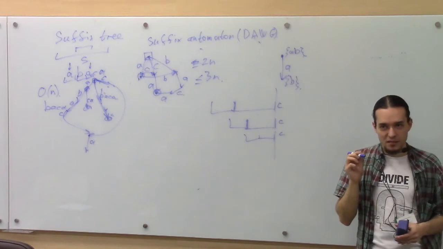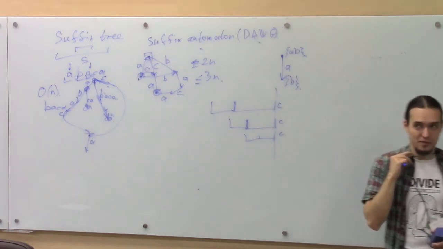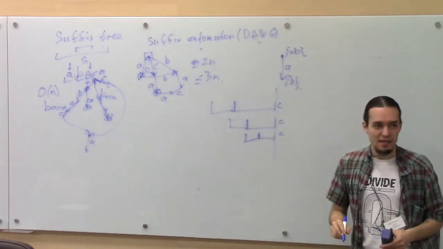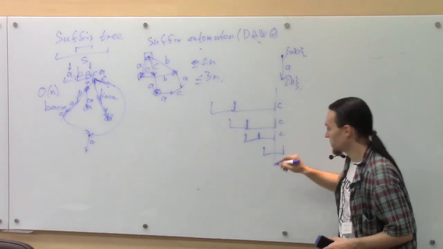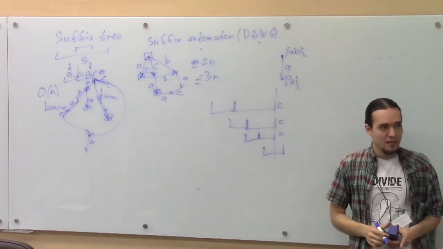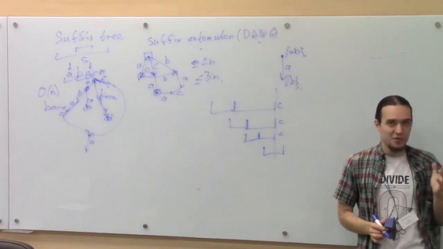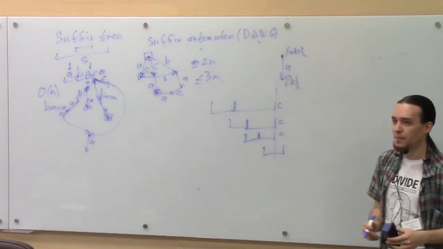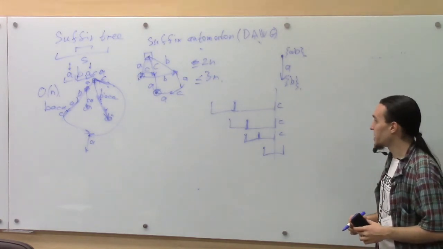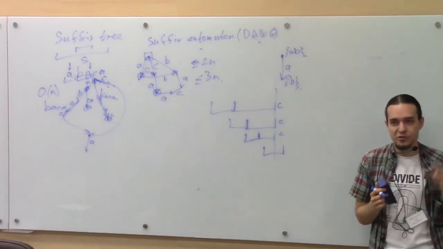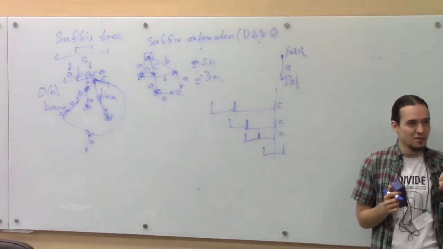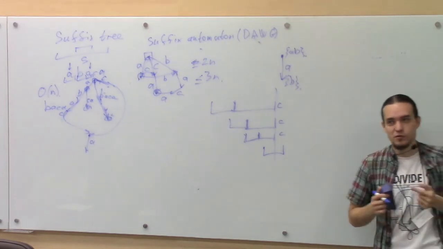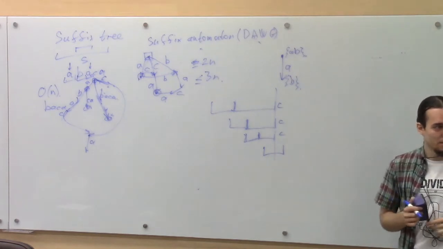But that's not exactly all that happens to the right context, because it could happen that this particular string here is now also a suffix. So it's present here. So for every state, what happens to the right context is that all of the elements get prolonged by the new letter, and also epsilon may be in the right context as well, just for this letter. It was not there before, but it's going to be there now.